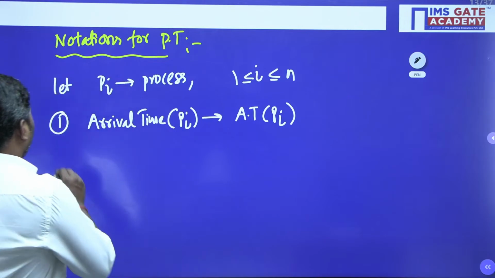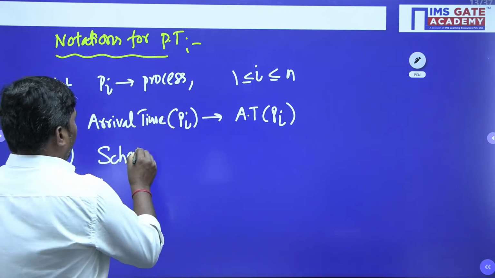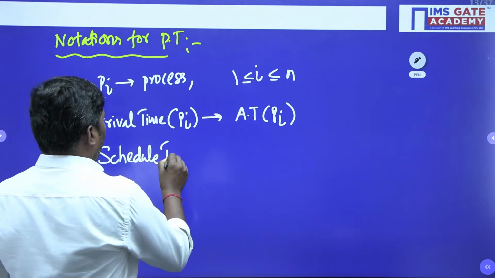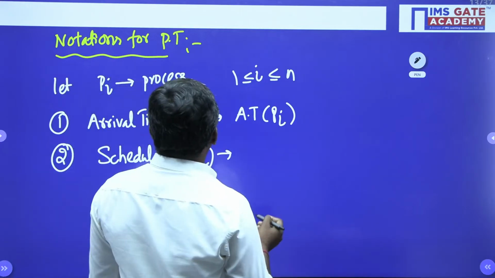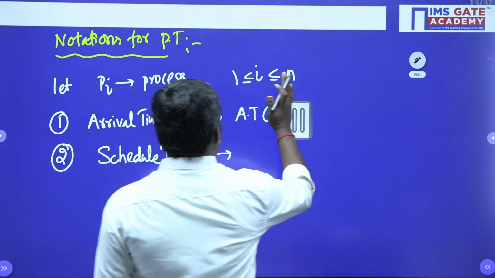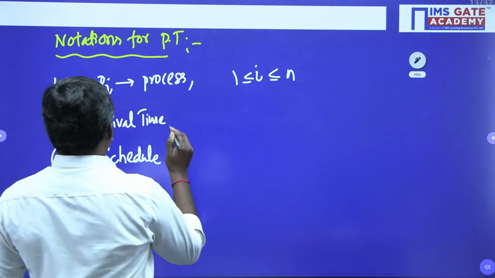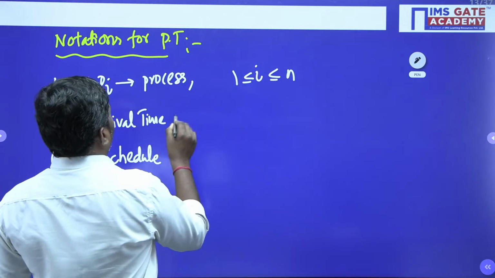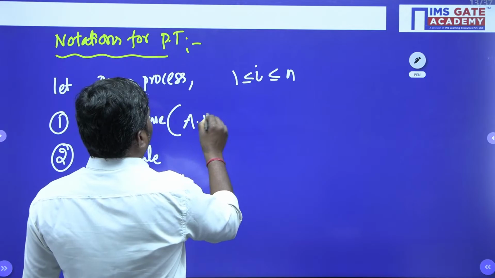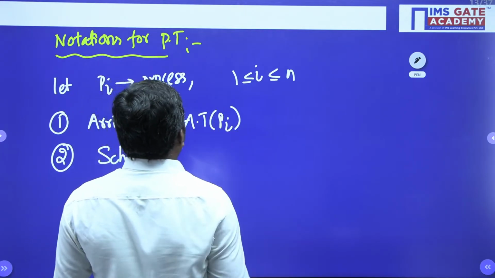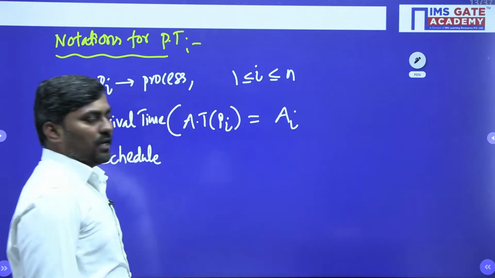Okay, clear. The second one, schedule time. Better I will define it like this: arrival time, AT, of process Pi, I am taking simply Ai.